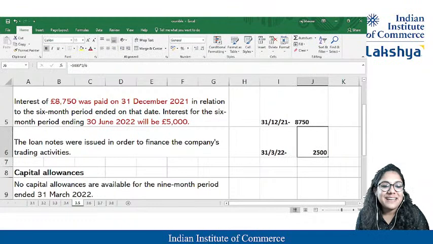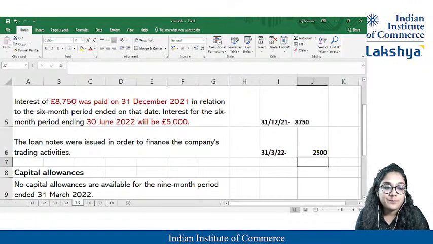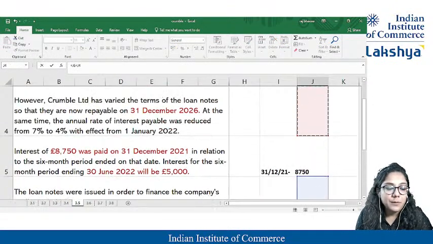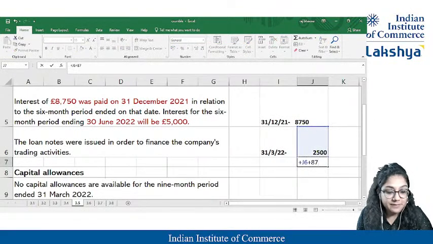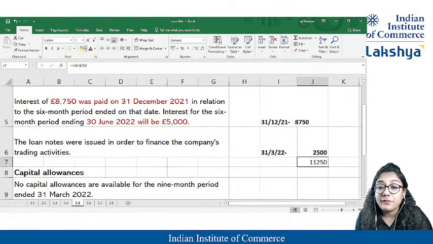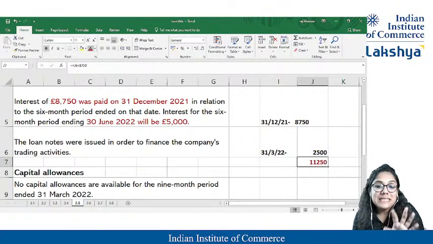I would have taken 2,500, just half. Simple. So what would have been my cost? Ma'am, it would have been 2500 plus 8750, is it 11250? Yeah. So this would actually have been the answer, but you all have not taken it correctly.